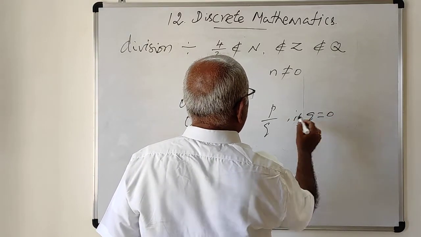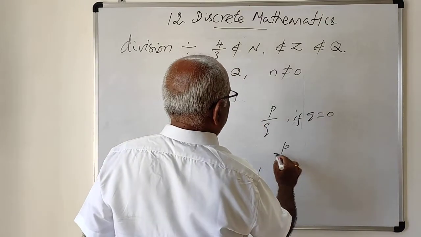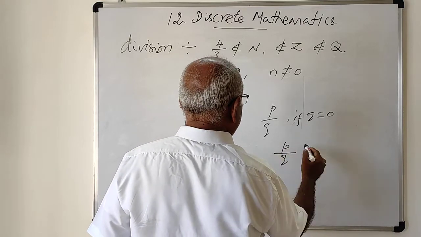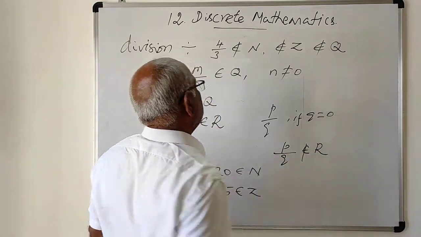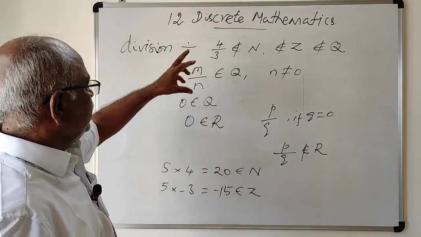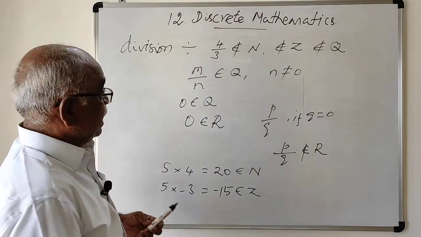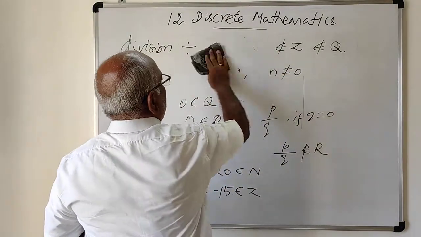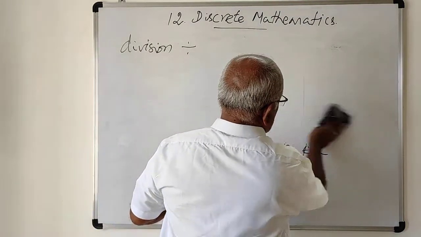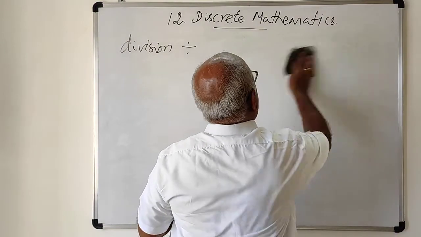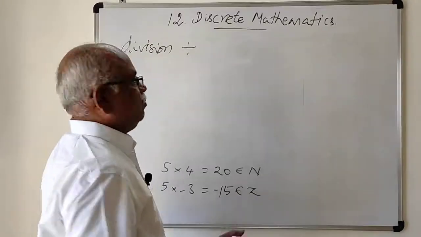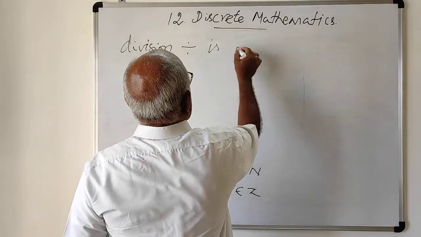If Q is 0, then P by Q is not in R. Therefore, division is not a binary operation on N, Z, Q and R. Whereas division is binary over Q minus 0, R minus 0 and C minus 0. Because for the division operation, 0 should not be an element of the set. In complex numbers also, 0 is an element. Therefore, division is a binary operation only when 0 is excluded.